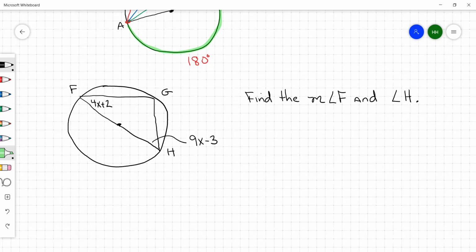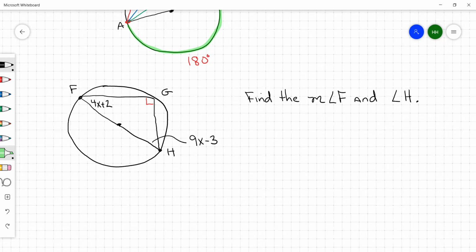Well, since FH is a chord and it goes through the center, it represents the diameter, doesn't it? So what is the measure of angle G? 90. If angle G is 90, then what is the sum of angle F and angle H?